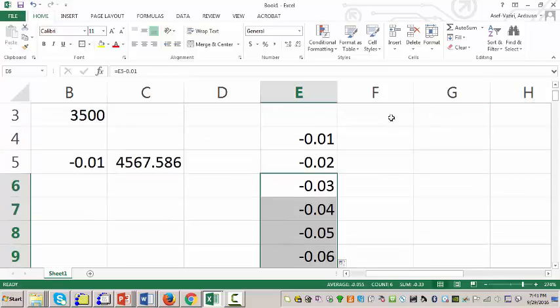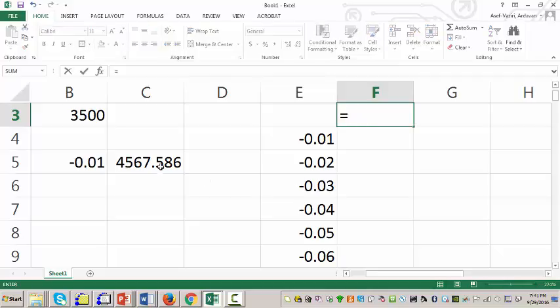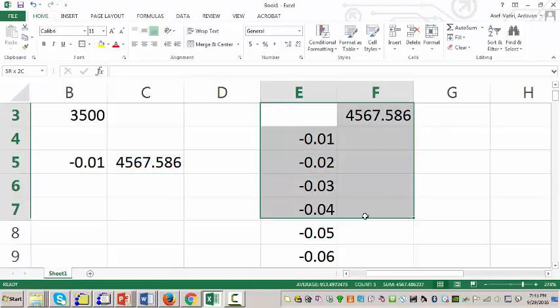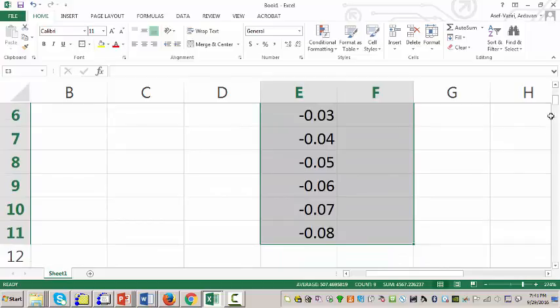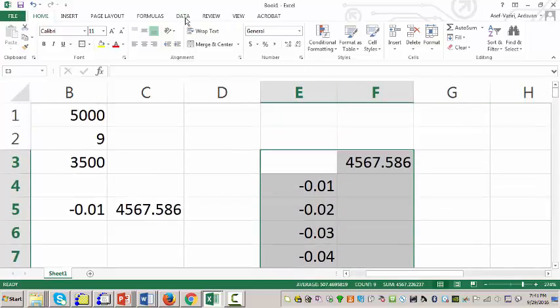Then I go at the right hand side and one cell to the north of this one, and it should be here and nowhere else. I say equal to the function that I have computed. Enter. Then I mark all the table, which is this part. I mark the table. I'll go to data.